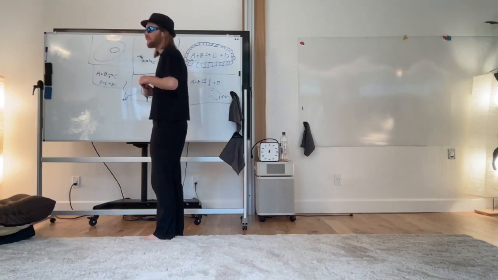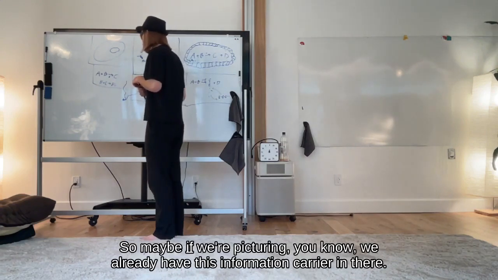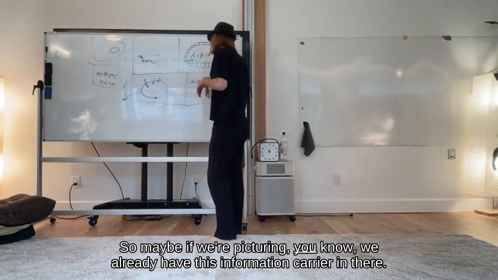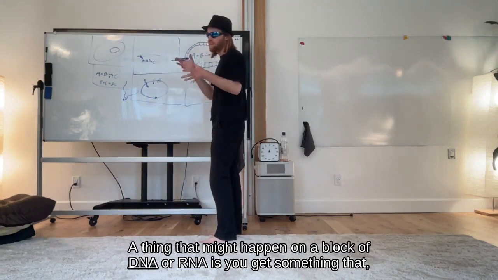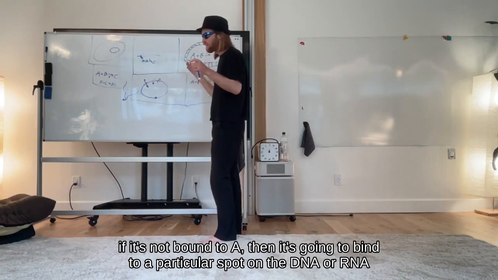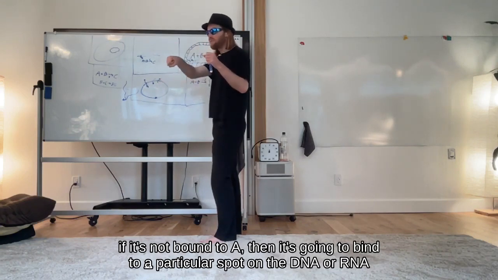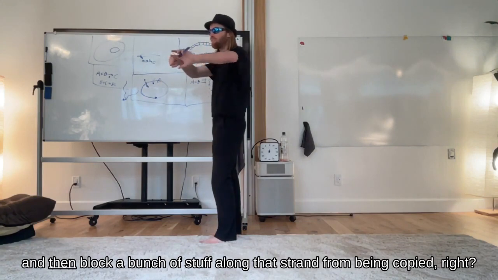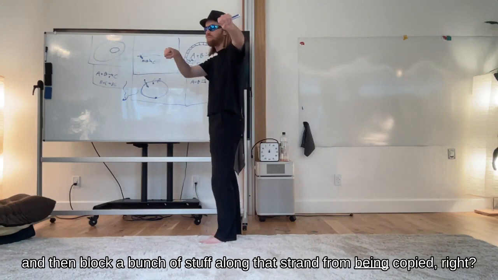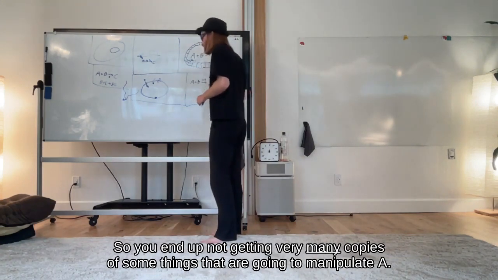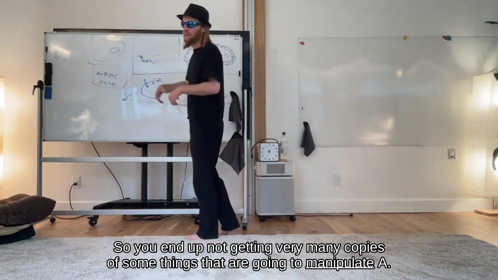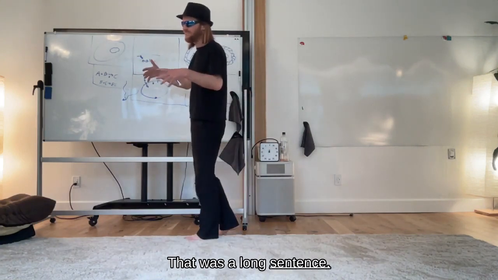Maybe if we're picturing, we already have this information carrier in there, a thing that might happen on a block of DNA or RNA is you get something that, if it's not bound to A, will bind to a particular spot on the DNA or RNA and block a bunch of stuff along that strand from being copied. So you end up not getting very many copies of some things that are going to manipulate A. Did that make sense? That was a long sentence.